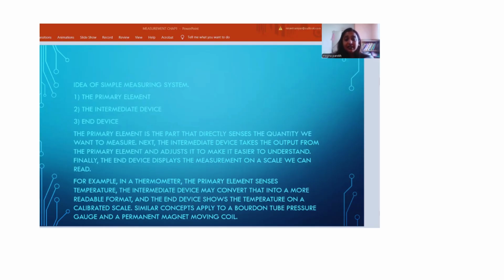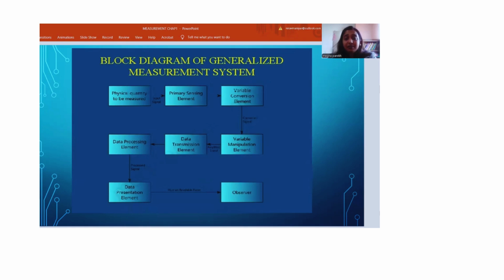Here we can see the block diagram of the general measurement system. Any physical quantity is given to the primary sensing element. What will the primary sensing element do? It will convert the measured quantity into a form which we can send to the intermediate device.